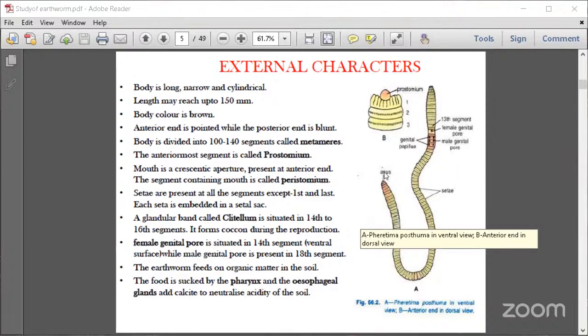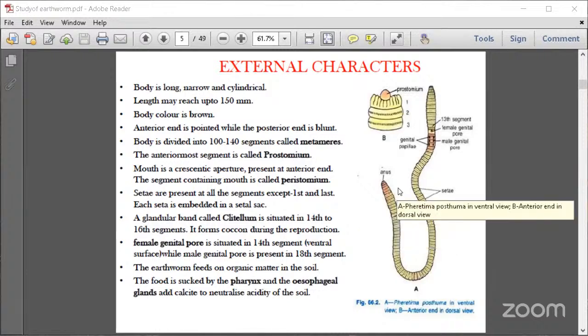And why do we need setae? Setae or bristles, present on most segments, aid in locomotion for movement.